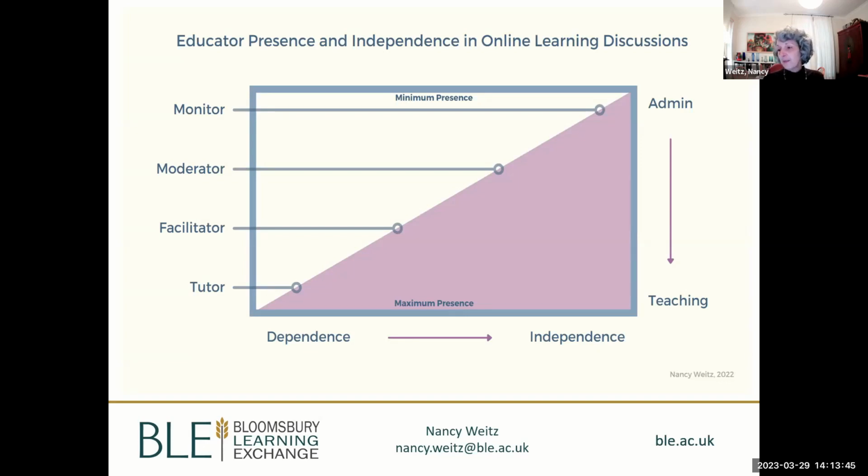That is as opposed to a facilitator, who is actually involved in helping the learners learn how to interact with each other and deepen their knowledge by having those conversations and commenting on each other's work, as opposed to the tutor, who's the subject matter expert with the knowledge about whatever the subject is. And of course, a monitor is more like someone manning the CCTV, just keeping an eye on things and maybe occasionally deleting a post that doesn't belong there. So I tried to map this out to understand this territory.